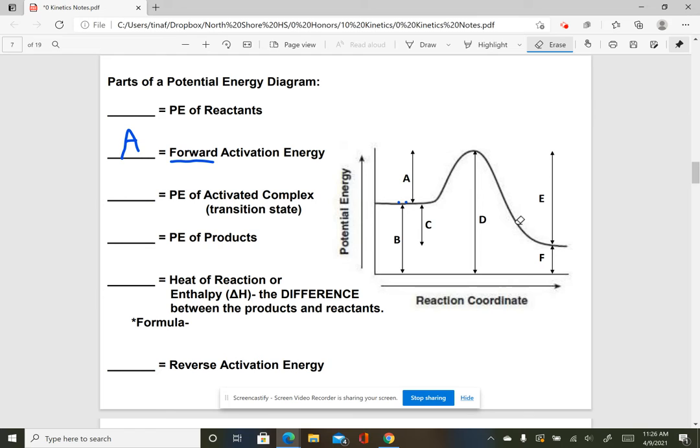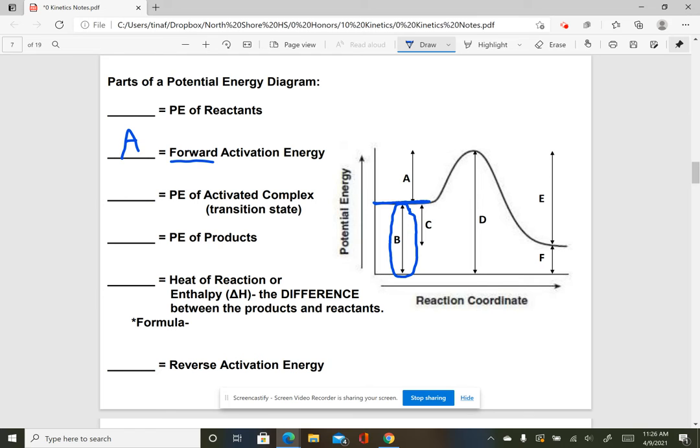Okay, so what we're starting with, all right, I'm going to leave it there. We're starting right here, right? And this is the amount of energy that my reactants have to begin with. Now, if I had to choose a letter that represented how much energy these reactants have, I want to notice that arrow B is touching the reactants, and it goes all the way down to the bottom of the graph.